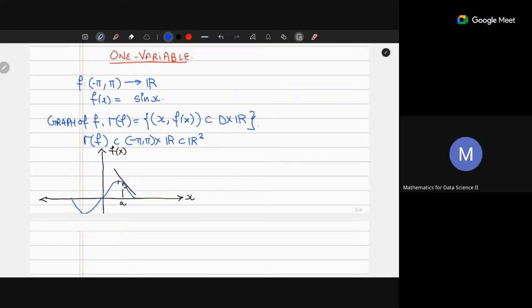Okay, so that's why it is called the tangent line. So this is the tangent line at A in the domain.